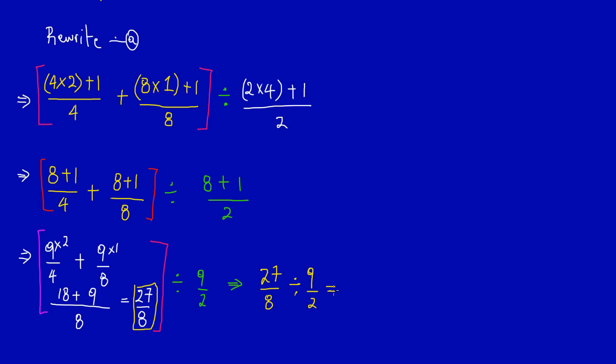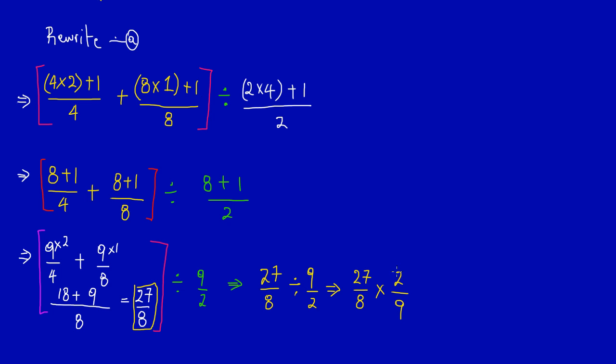We know that dividing fractions is the same as multiplying by the reciprocal, so the fraction at the front remains the same, 27 over 8, and then I'm multiplying by 2 over 9. And this can be simplified pretty easily.